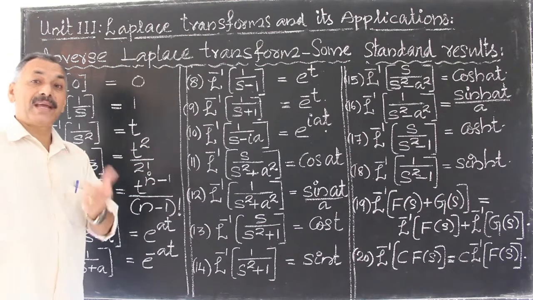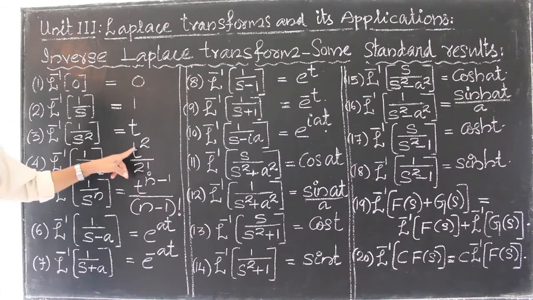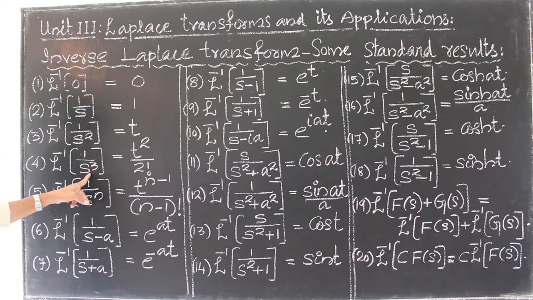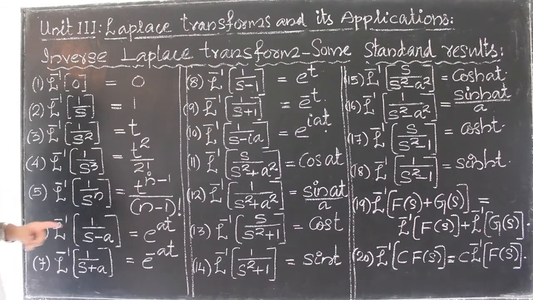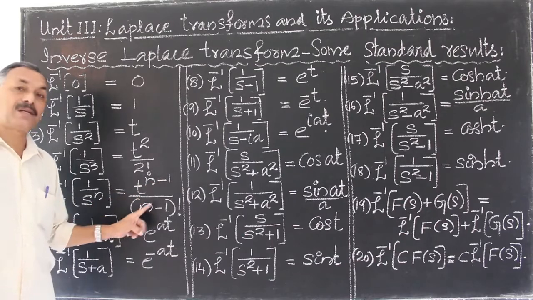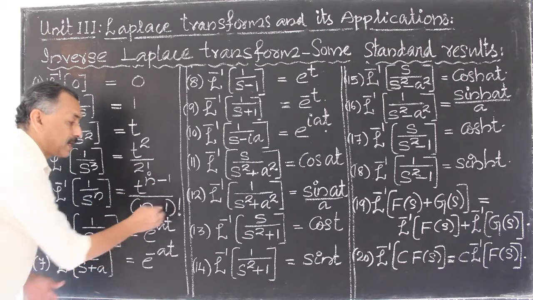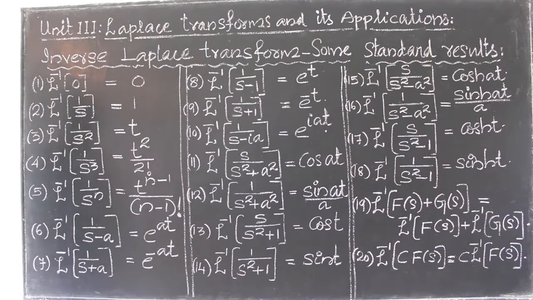Therefore, L inverse of 1 by s cube is equal to t square divided by 2 factorial. Similarly, in general, L inverse of 1 by s raised to n is equal to t raised to n minus 1 divided by n minus 1 factorial.